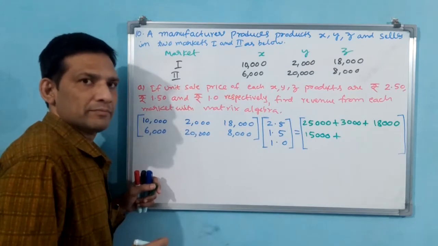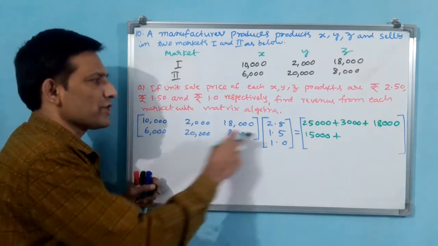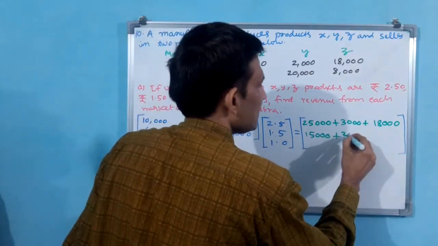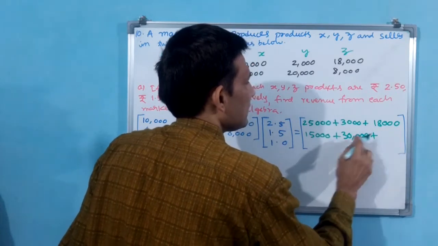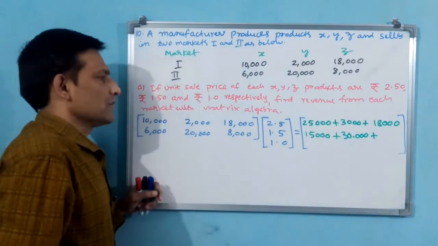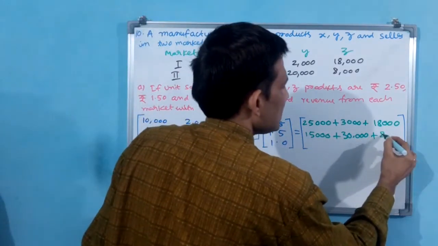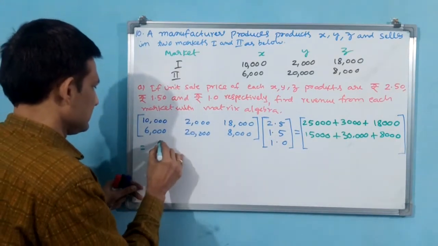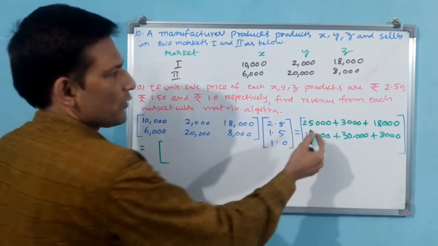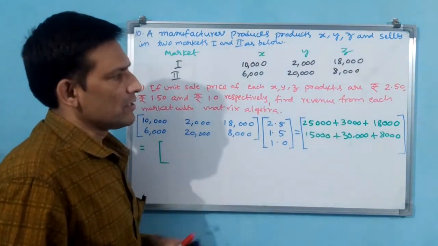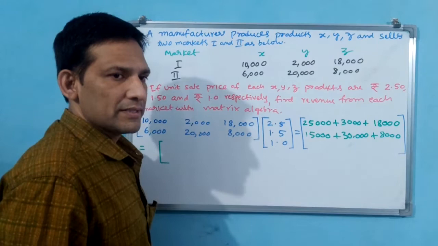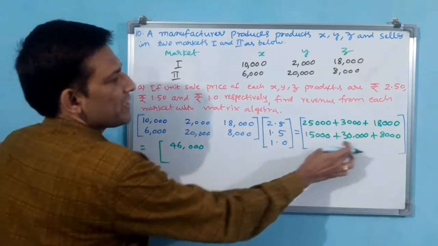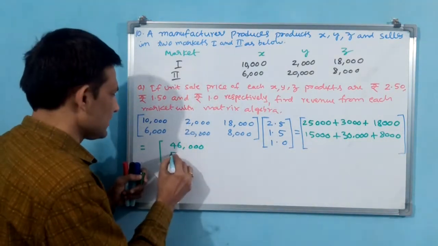Then 20,000 into 1.5, 30,000, because 20 into 1 is 20 and half of 20 is 10, 20 plus 10, 30. Then 8,000 into 1 is 8,000 only. Now how much will it come? 25,000 plus 3,000 is 28,000, plus 18,000, 46,000. And 15 plus 30 is 45, plus 8, 53,000.